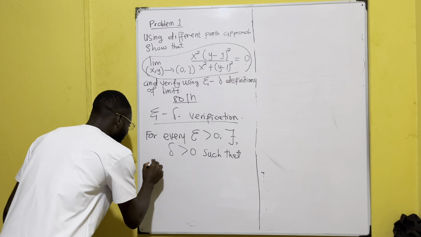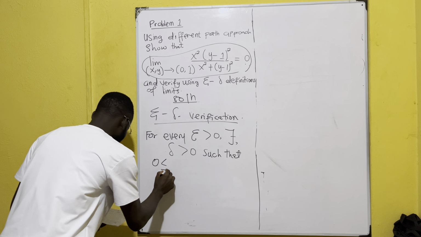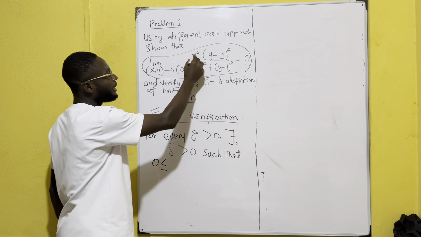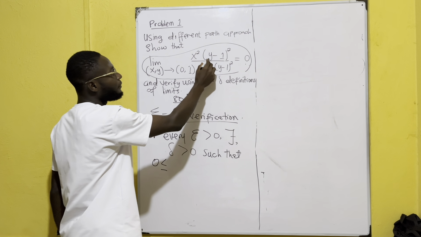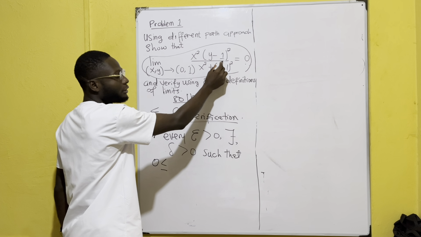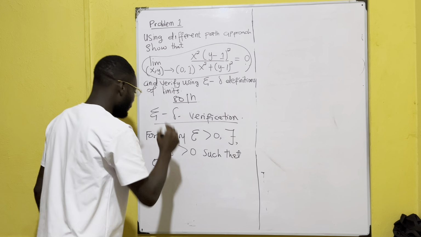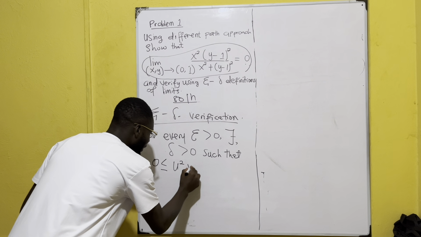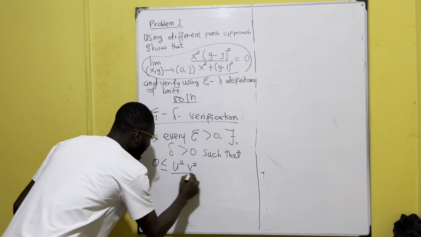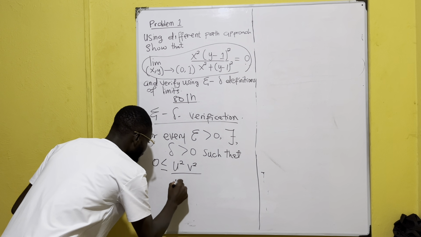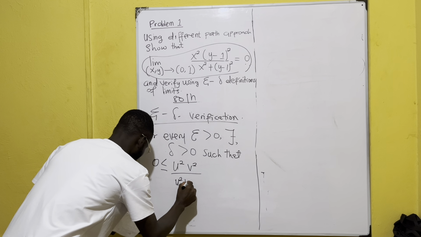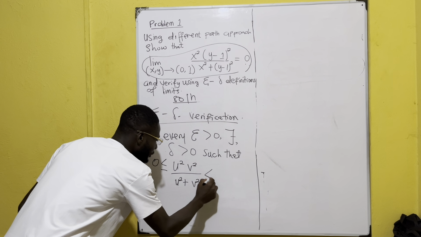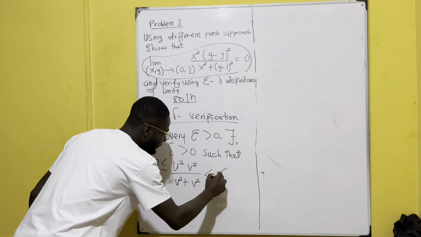So we say that 0 is less than or equal to, remember, we defined from the beginning x to be u, then y minus 1 to be v. So we're going to have u squared v squared divided by u squared plus v squared. Remember, this should be less than epsilon.